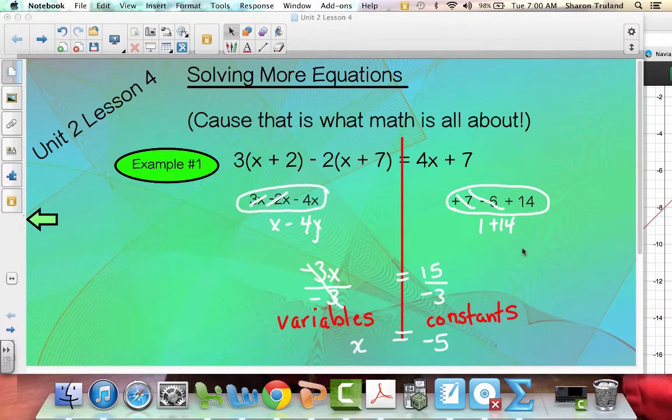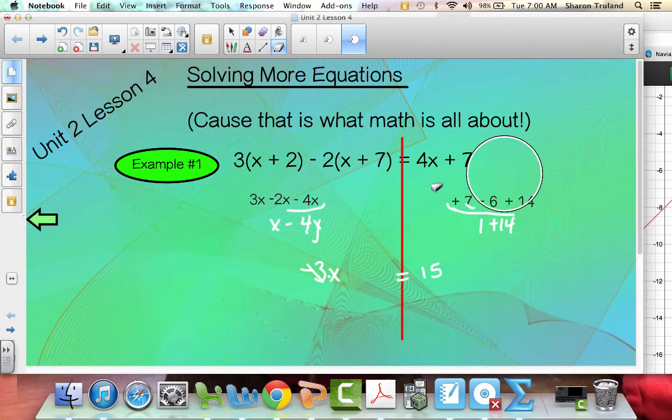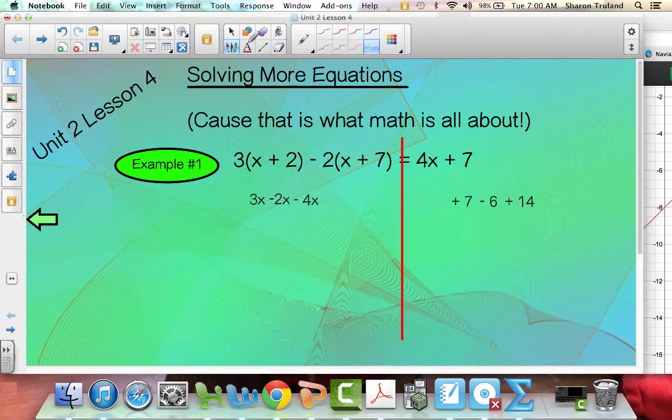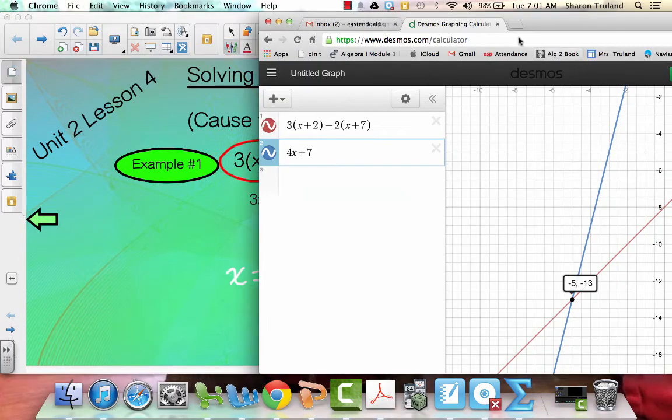All right, and I'm just going to show you on Desmos, again, how we could have solved this using a graphing calculator. So, it's getting a little busy here. Let me clean this up. We know our answer is x value is -5. So that means if I enter this as one equation, and then in the second line, enter that, I'm trying to see where this line crosses this line, because they're both linear equations, and here's the picture.